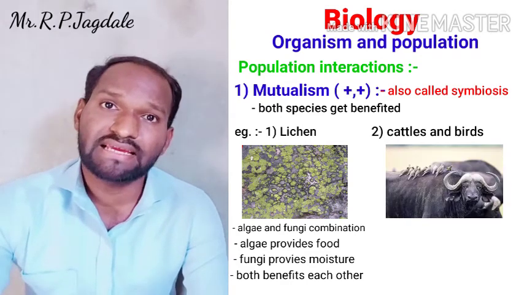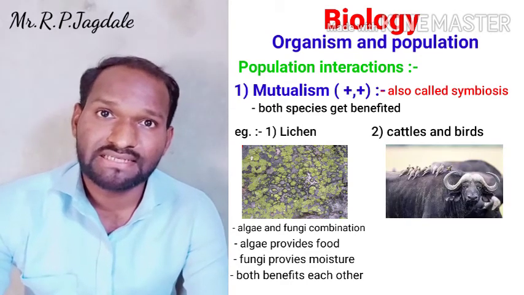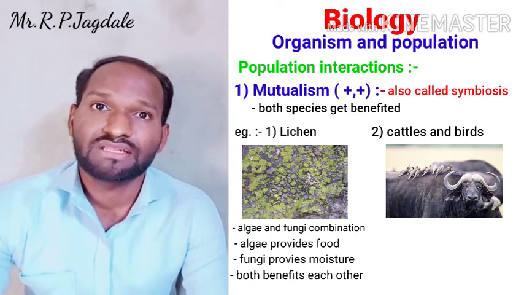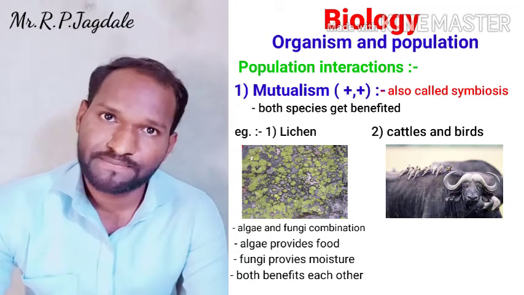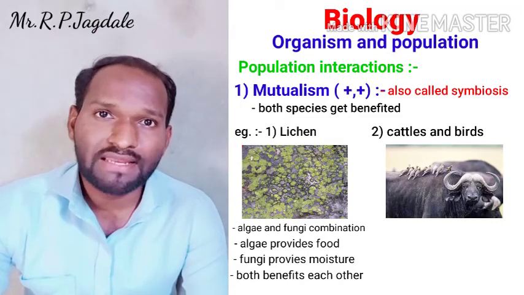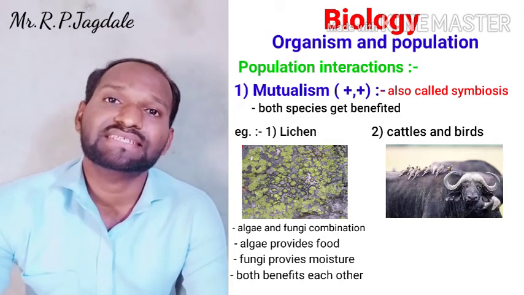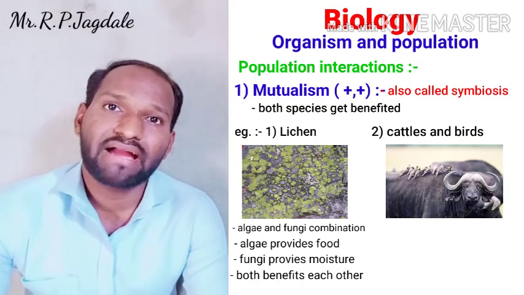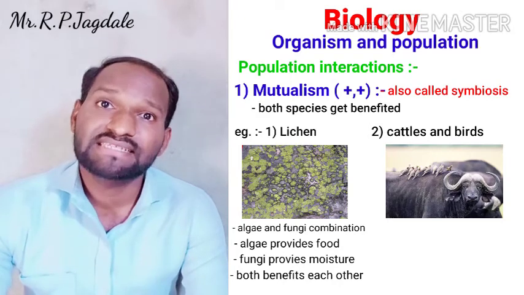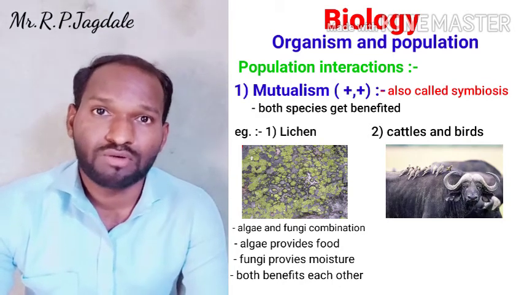The second example on your screen is the cattle, with small birds living on their back. Whatever parasites or small insects are living on the back or the skin of the cattle are eaten by those small birds.